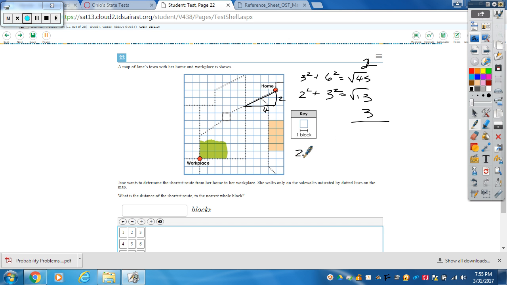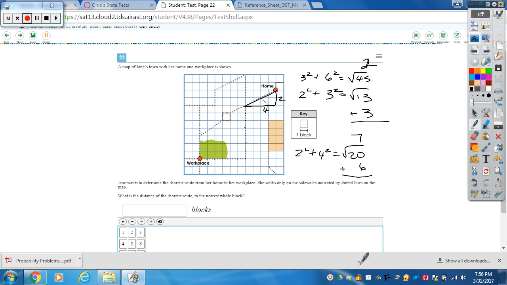So if we do 2 squared plus 4 squared, that'd be 4 plus 16, the square root of 20. And if we just count this, 1, 2, 3, 4, 5, 6, 7. So 7, and 6. Add those together and we should be able to figure out the shortest distance there.